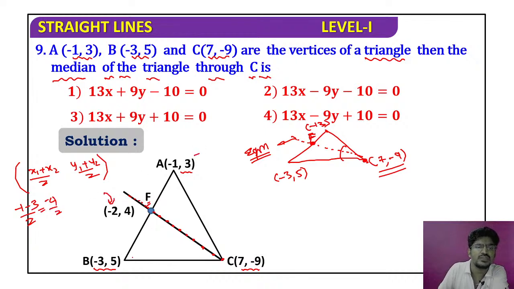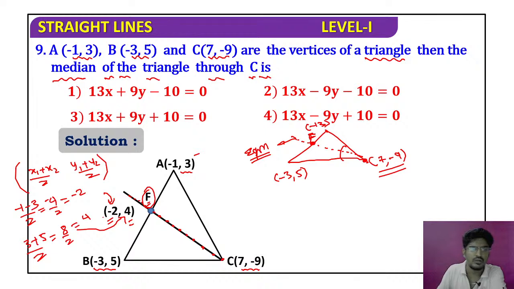In the same way 3 plus 5 divided by 2, that is 8 by 2, that is nothing but 4. Okay, so minus 2 comma 4 is the value of F.